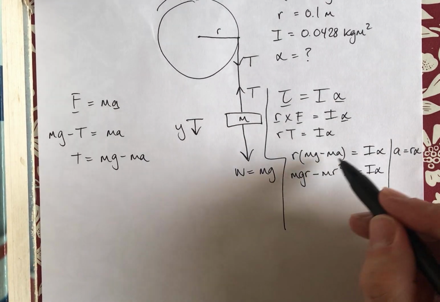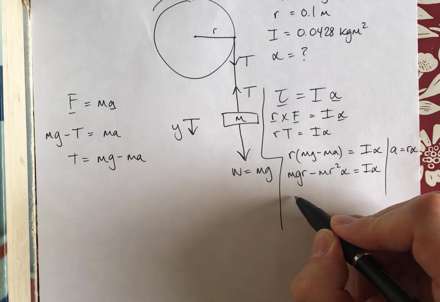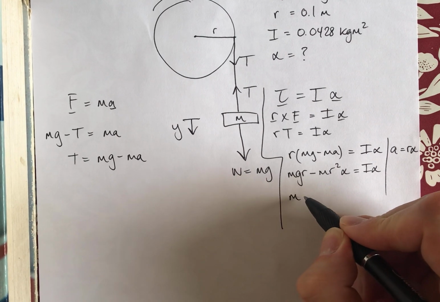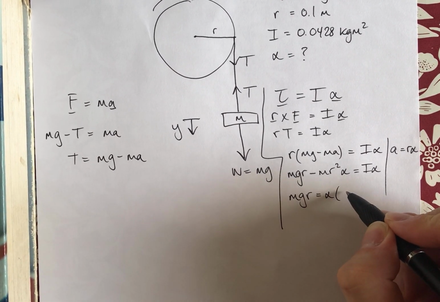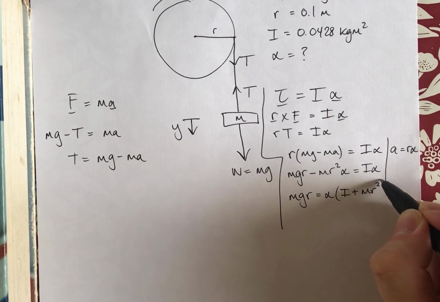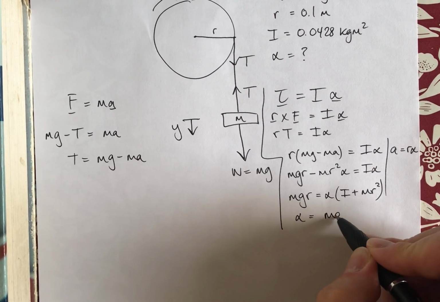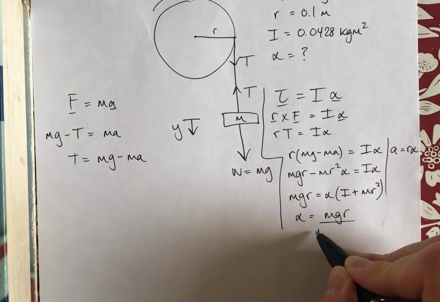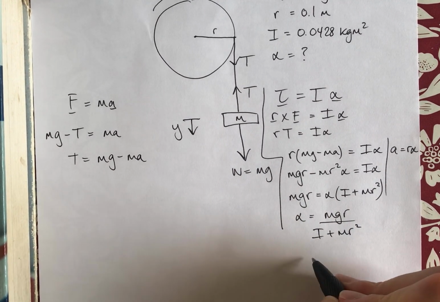We're going to collect all the terms involving alpha to solve. So we have mgr is equal to alpha times brackets I plus mr squared. And solving, alpha is equal to mgr over I plus mr squared.